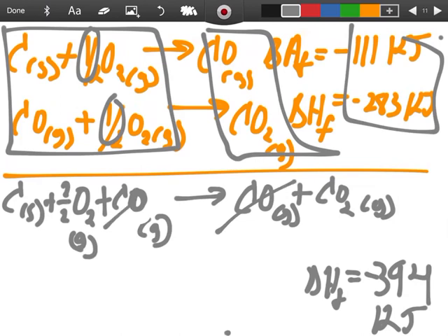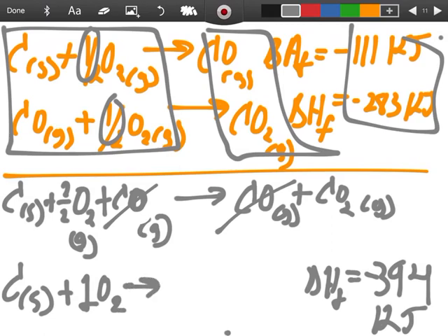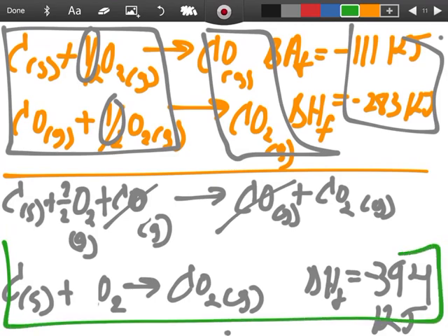I can transform this chemical reaction into carbon, a solid, plus 2/2, which is 1 mole of oxygen, that is going to give me CO2, a gas. And since it's a 1, I can just erase it. And then I get, at the end, the same reaction that I started from at the beginning.